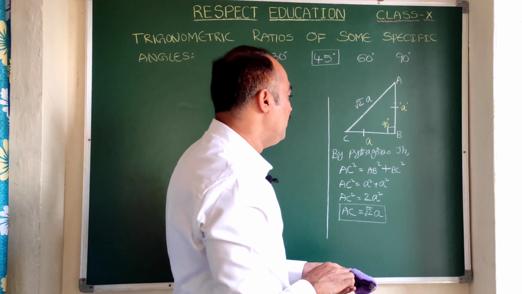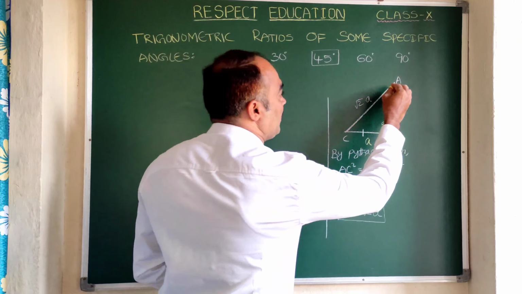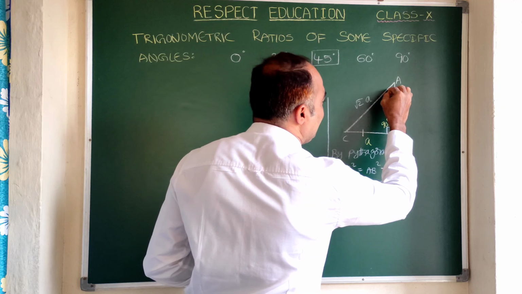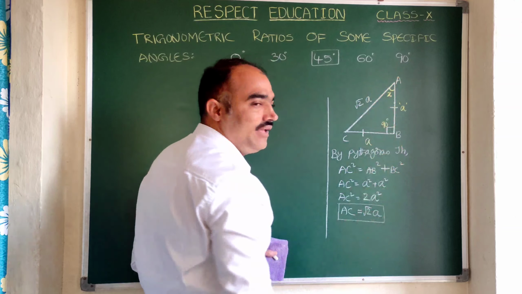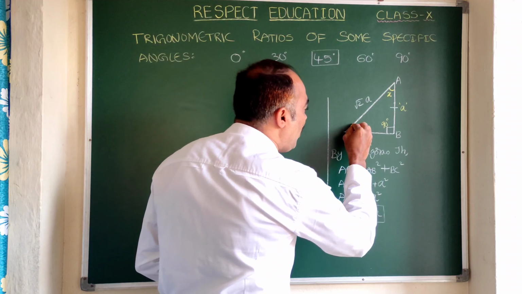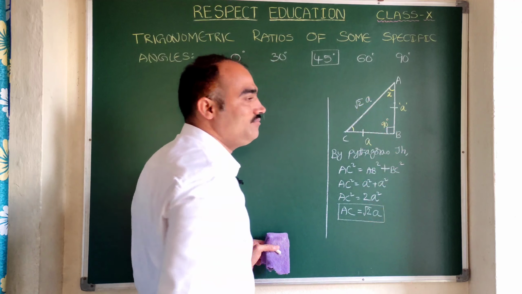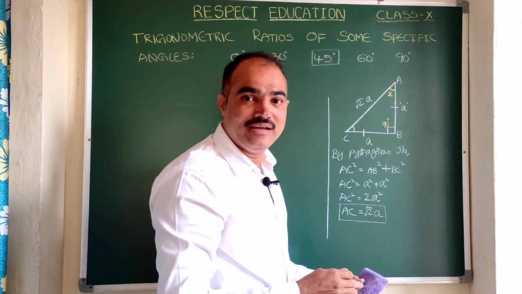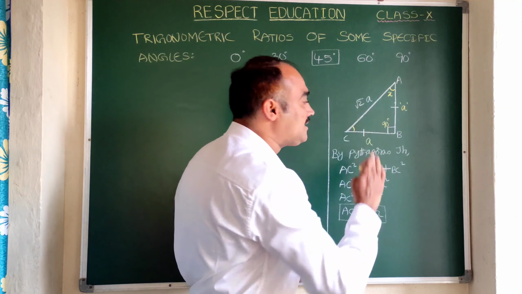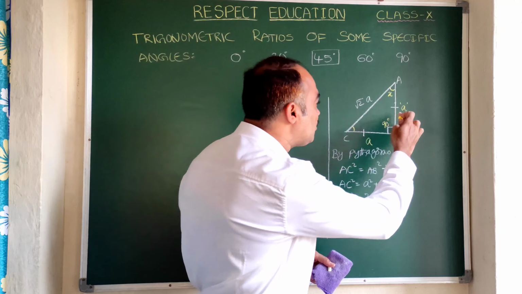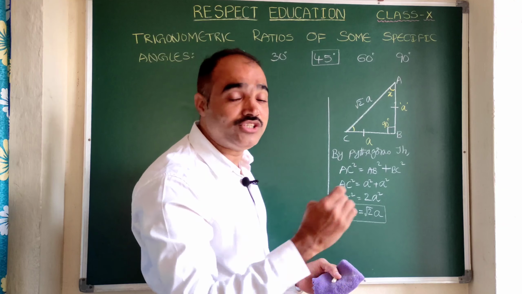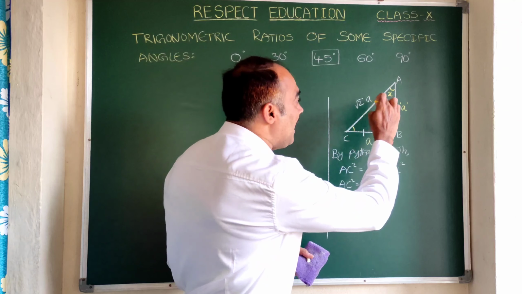Now here, for example, if I take here some angle x, can anyone tell me what will be this angle? Think again and tell me which kind of triangle it is. Isosceles triangle. In an isosceles triangle, two sides are equal and two angles are equal. Which two angles are equal?